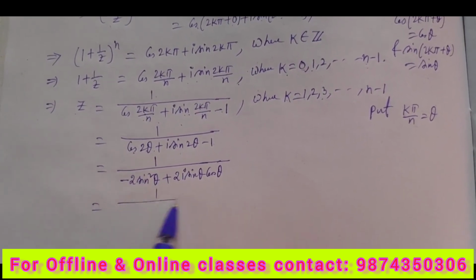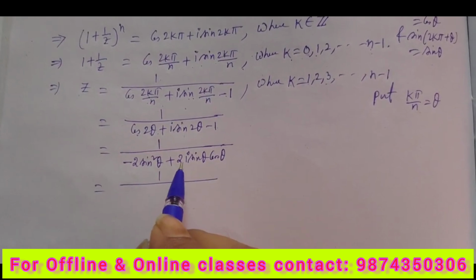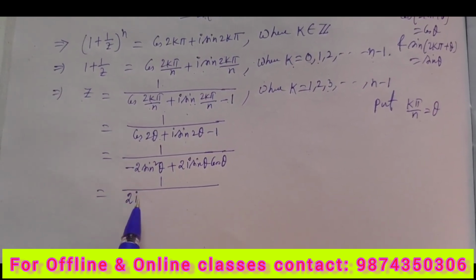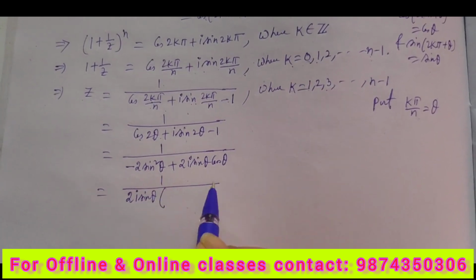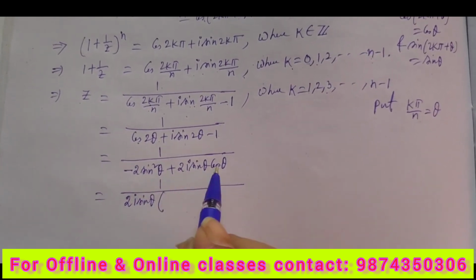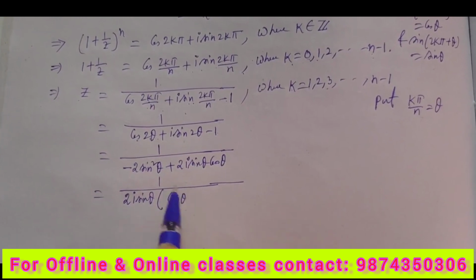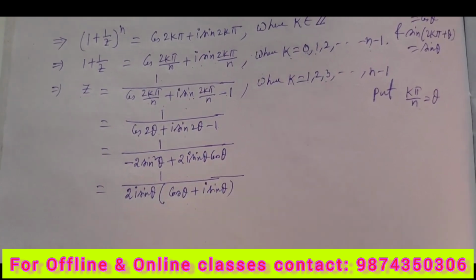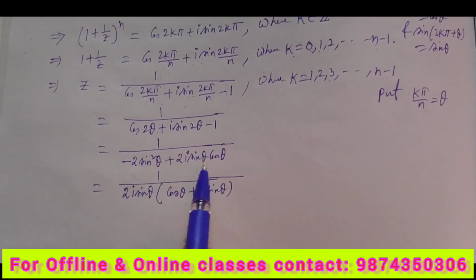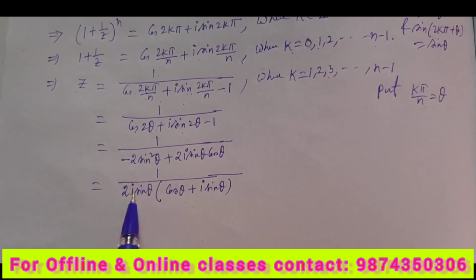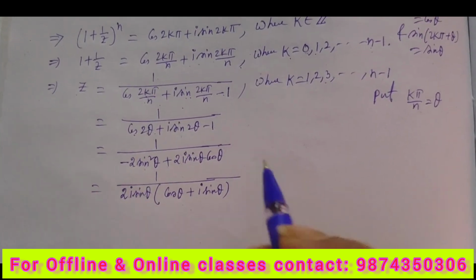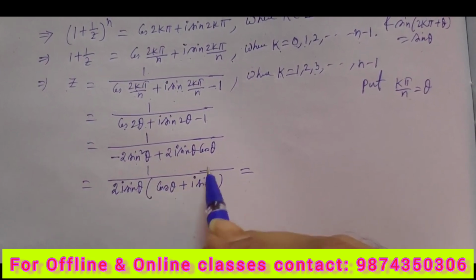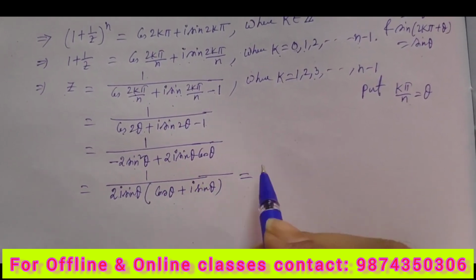So this is equal to 1 upon, we take common here 2i sin theta. So this is 2i sin theta, if we take cos theta common, what remains is plus i sin theta, 2i sin theta cos theta plus i square minus 1, so minus 2 sin square theta. Now we multiply cos theta minus i sin theta in numerator and denominator both.